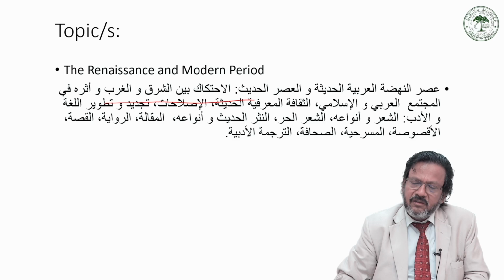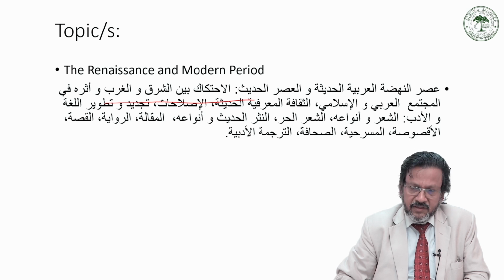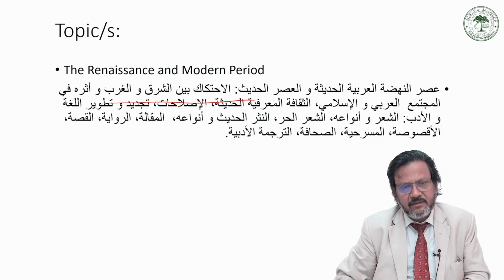The modern cognitive culture, the modern literary culture, the modern domain of knowledge and its culture, the reforms carried out by different philosophers, reformers, and thinkers, and the modernization drive, the campaign to modernize Arabic language and literature.